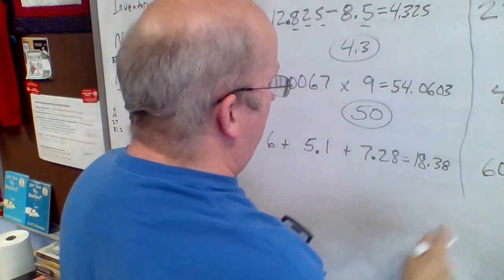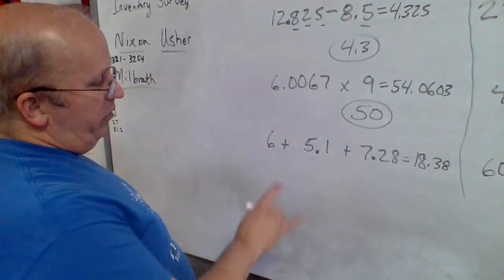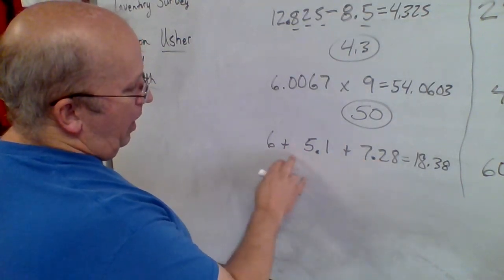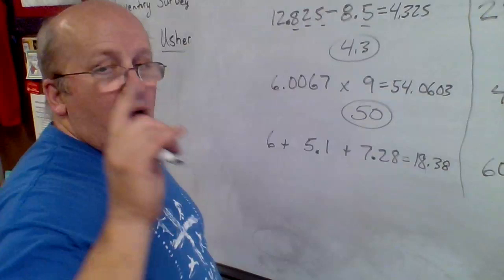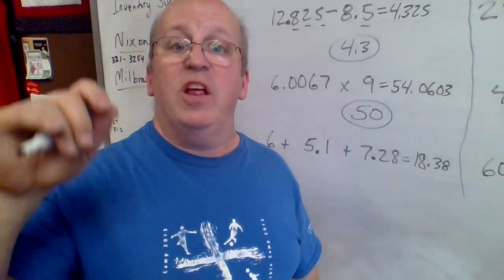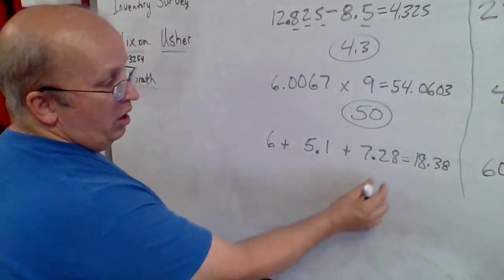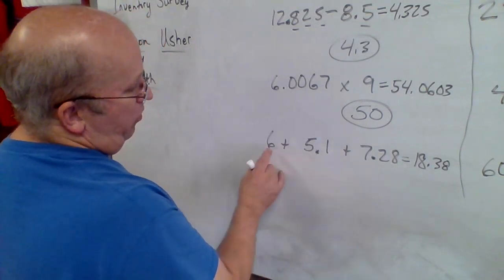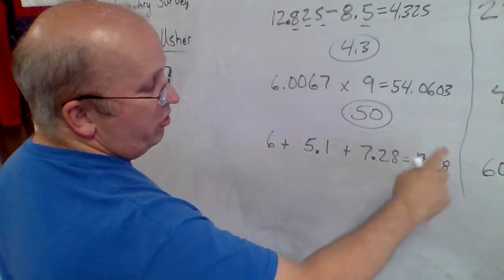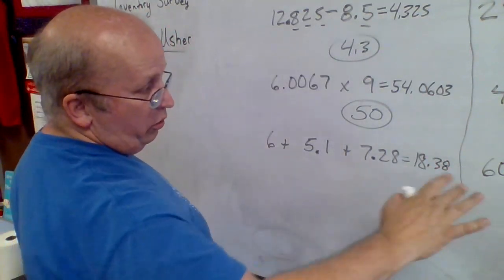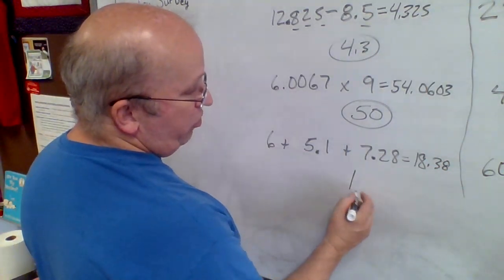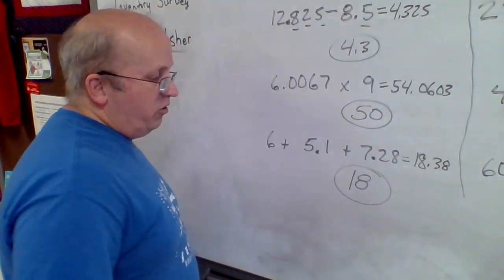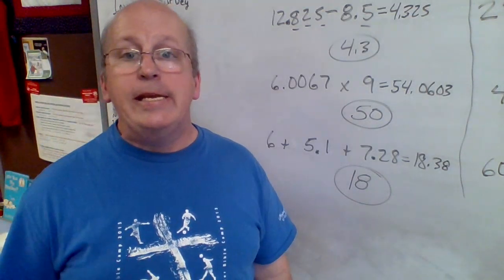But remember, according to the bottom of the page, we need to adjust our answer so that it has the same amount of decimal place values of the number that has the least amount of decimal place values. This one has 2 decimals, 1 decimal place value, 0 decimal place values. So this answer needs to change so that it has 0 decimal place values. What's the closest number to this that has 0 place values in the decimal slot? That would be the number 18.